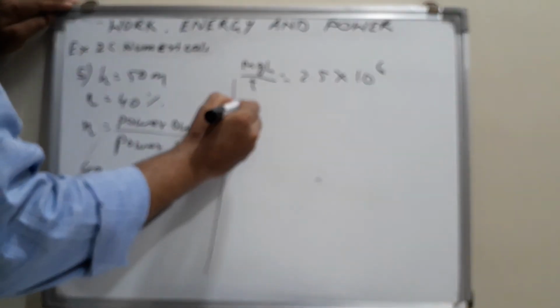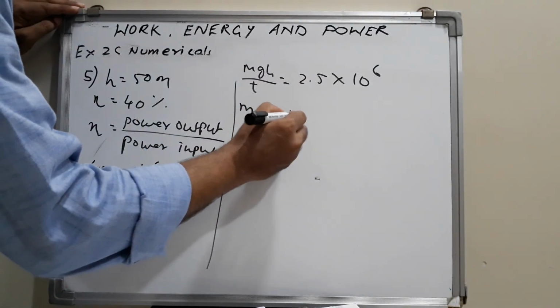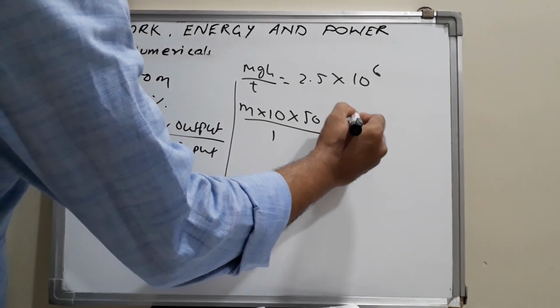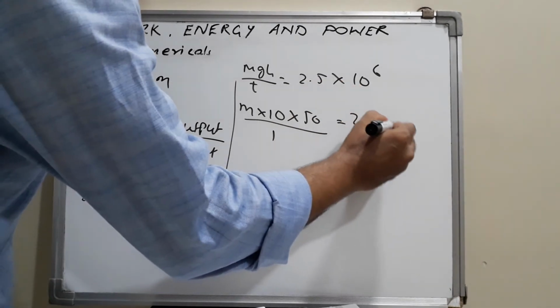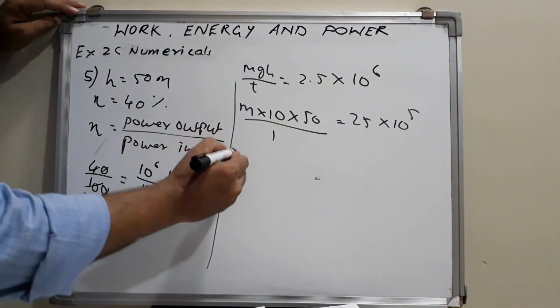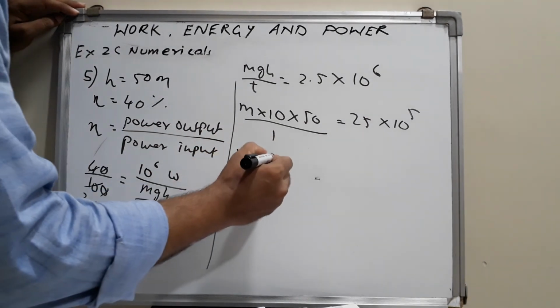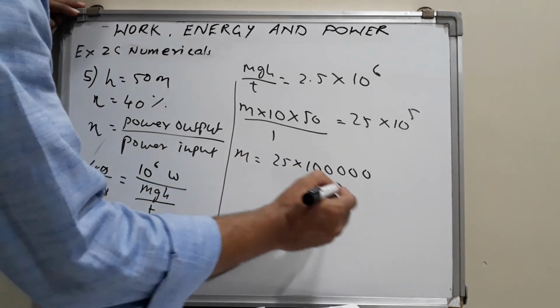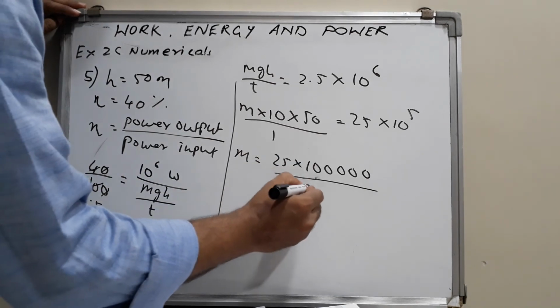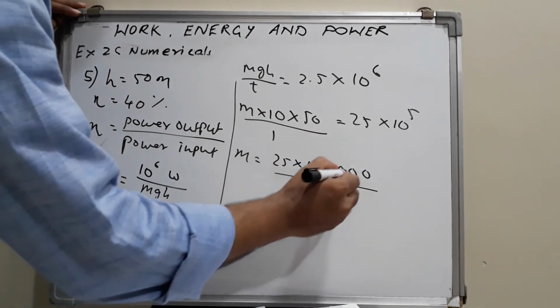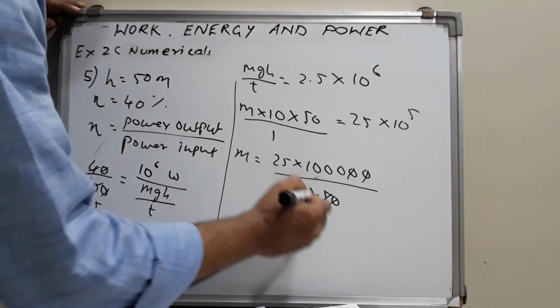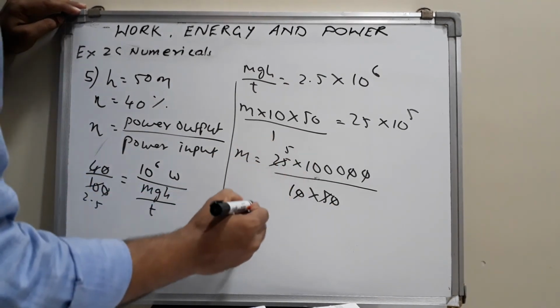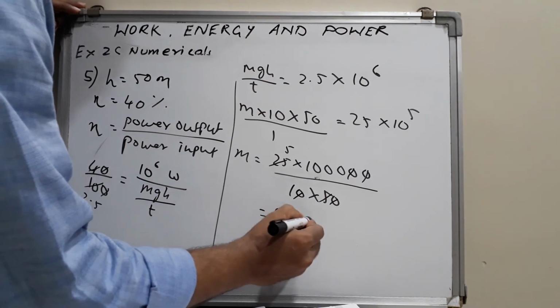M is asked, so m into g, which is 10, and the height is given as 50 meters, upon 1 is 25 into 10 raised to 5. So now m is equal to 25 into 10 raised to 5, upon 10 into 50. 2 zeros get cancelled, 5 gets cancelled with 25. So my answer is 5000 kg.